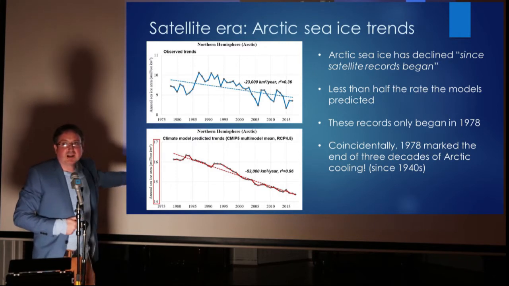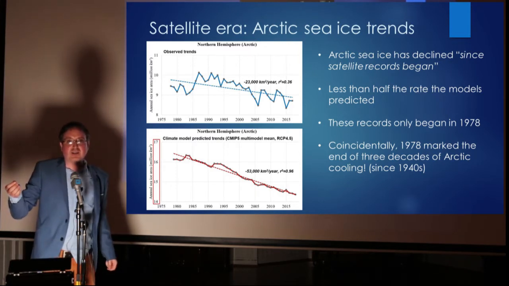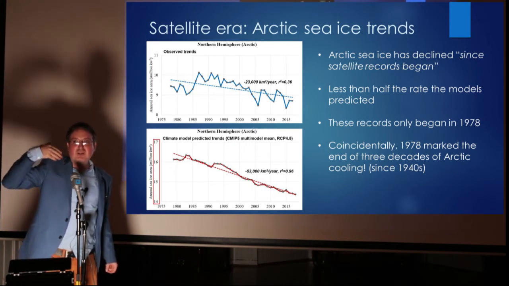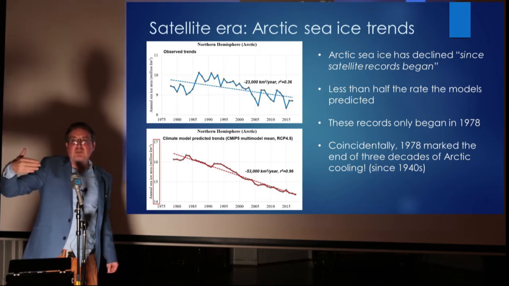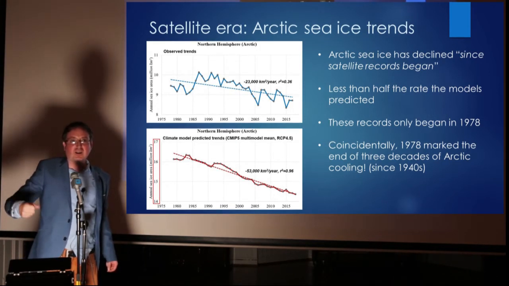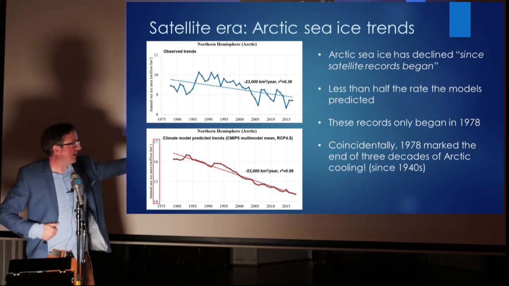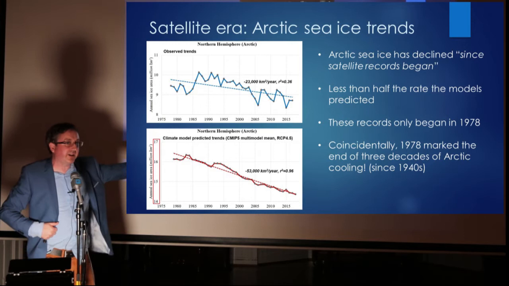The bottom graph is what's called hindcast. The computer models go back in time and say, if we go towards the present day, what would we expect to have occurred for the Arctic? And this is what they find should have occurred. It should have been a decline of 53,000 kilometers squared per year.